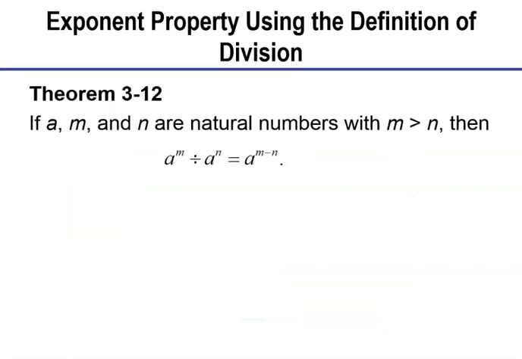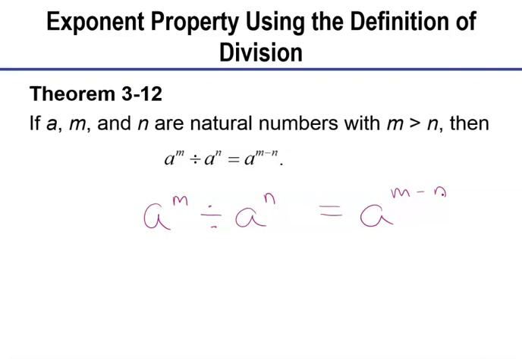Now this seems probably just way out of the blue, but we have a property of exponents that was actually covered in the previous section, so this is just a reminder. When you have a to the m power divided by a to the n exponent, then that's equivalent to a to the m minus n exponent.